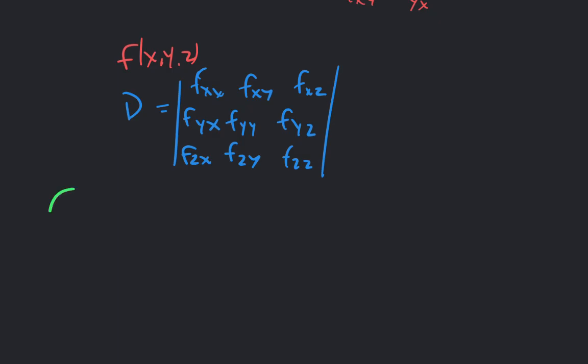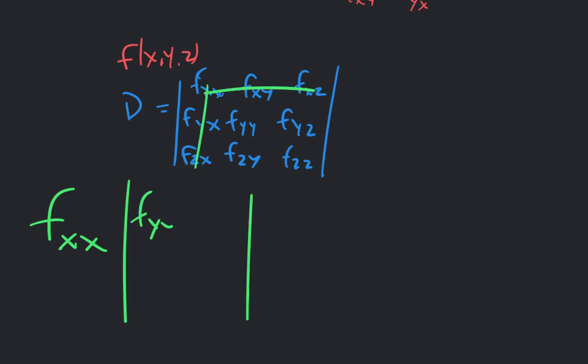So, okay, decompose this. So we have fxx. So we're going to use this term, and then we're going to cross off. So we're going to go fyy, fyz, fzy, fzz. Okay, hold on.